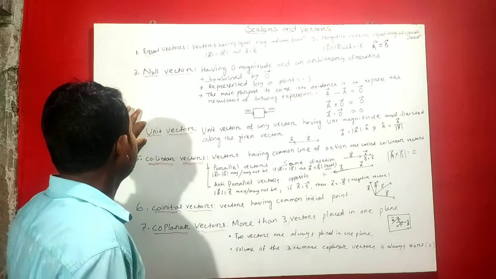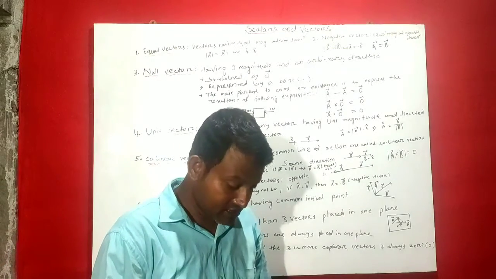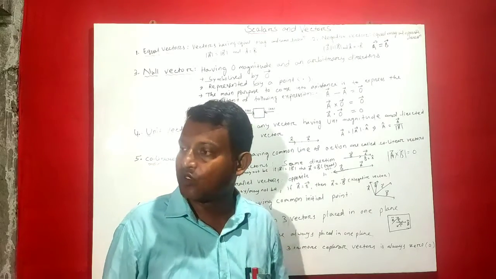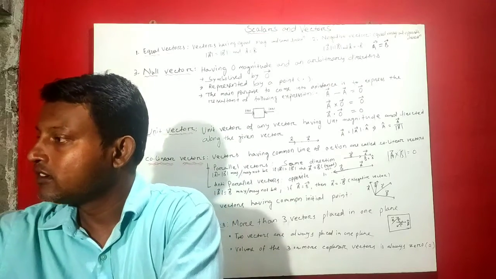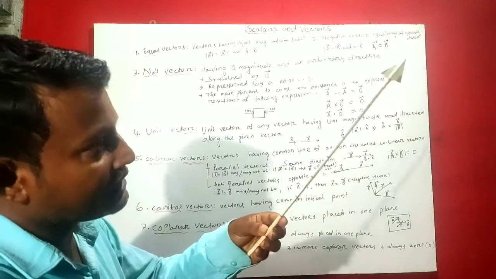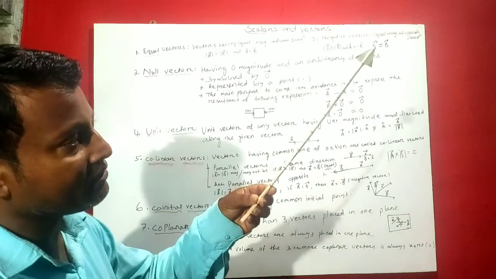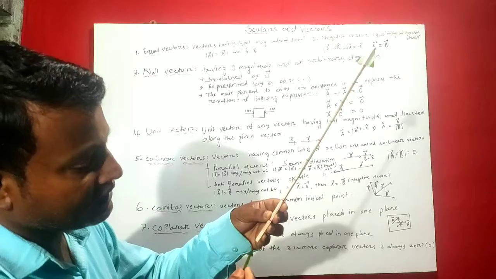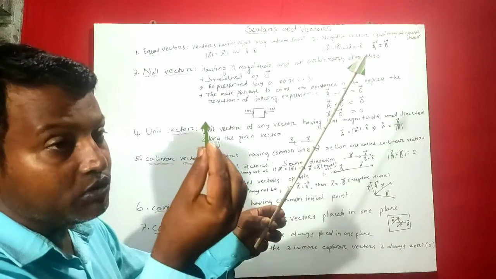Next, unit vector. What do you mean by unit? Let there be a vector A, and another vector having unit length.